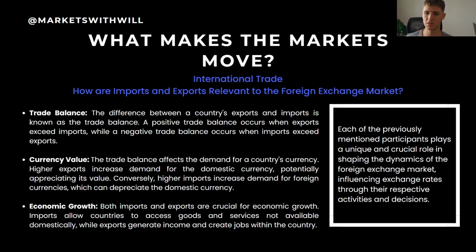Each of the previously mentioned participants play a unique and crucial role in shaping the dynamics of the foreign exchange market, like we were talking about, influencing exchange rates through their respective activities and decisions. All of those participants that I was talking about have direct influences on the exchange rate of the economy and the currency.